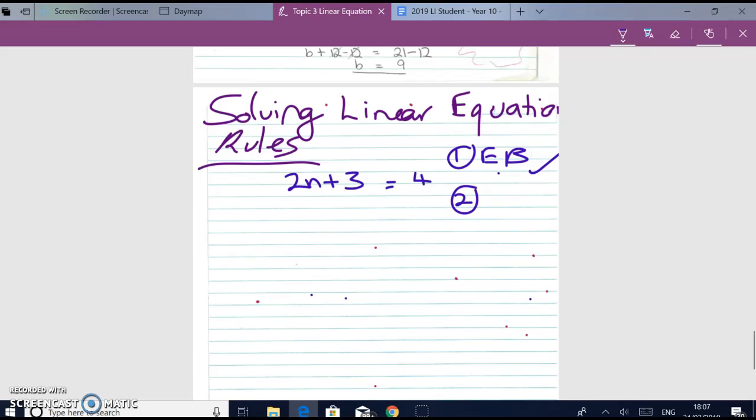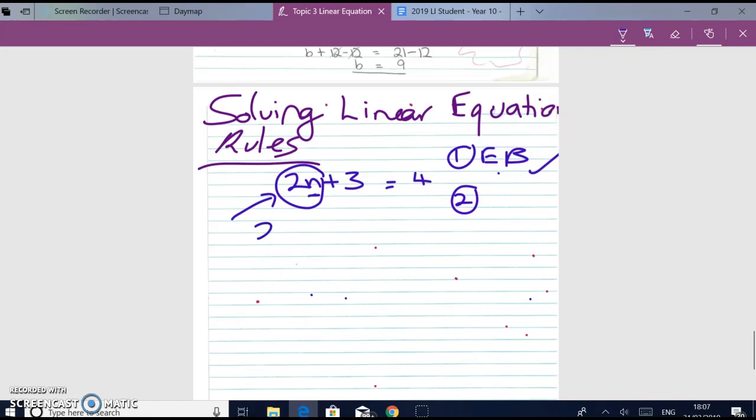All that means is make sure that every little term or thing added together that has the same variable, which is the same letter, is together. So make sure there's only one term, one thing added, that has 2n in it, or 2b in it, or 3n in it, or 4b.